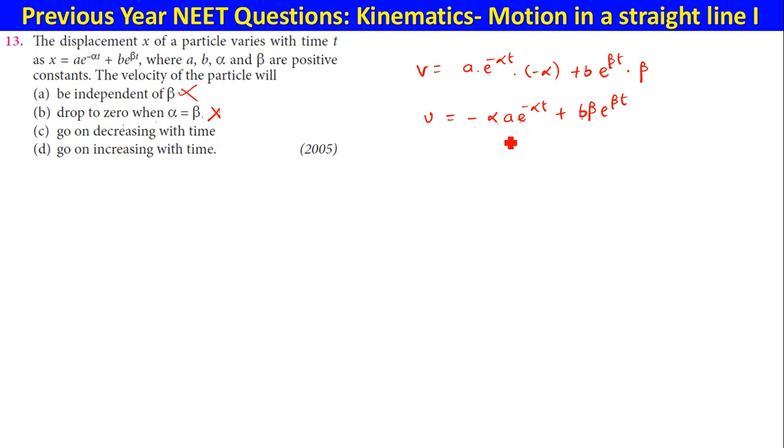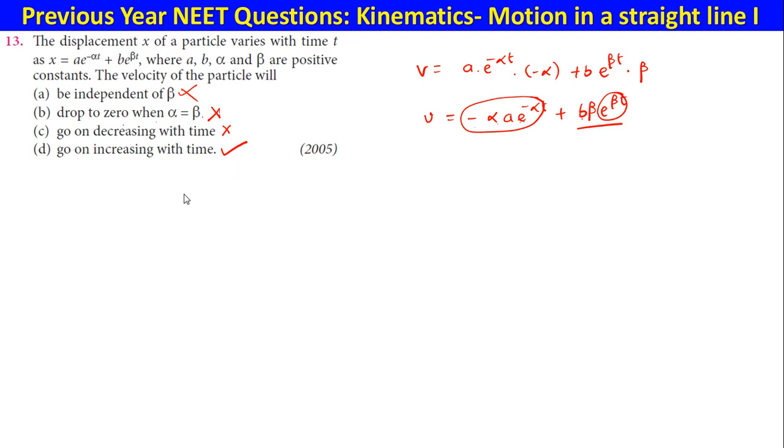If you start increasing the time, this exponential growth term will definitely increase. What about e power minus alpha t? It will be coming down, exponential decay, but minus is there, so as a whole the value will be increasing. So what does that mean? Velocity should keep on increasing, but he is saying decreasing. It is a wrong answer. The last option, which is nothing but increasing with time, is the correct answer.